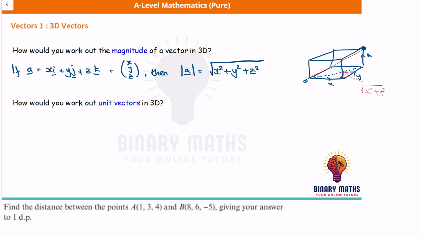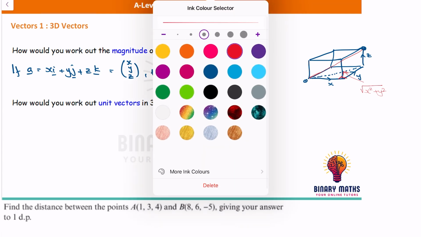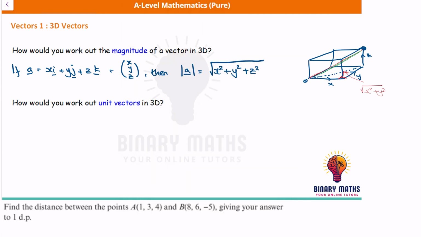Then the length or magnitude of x, y, z is this diagonal plus this z making a right angle triangle. So that means it will be the square root of x squared plus y squared plus z squared. So that's how you get the magnitude of A.